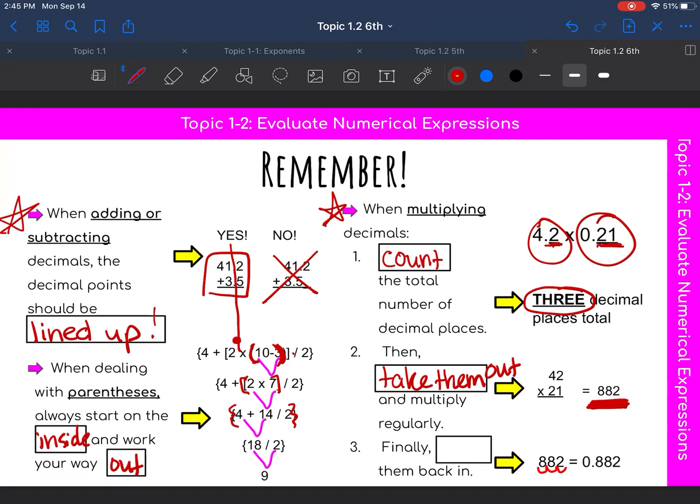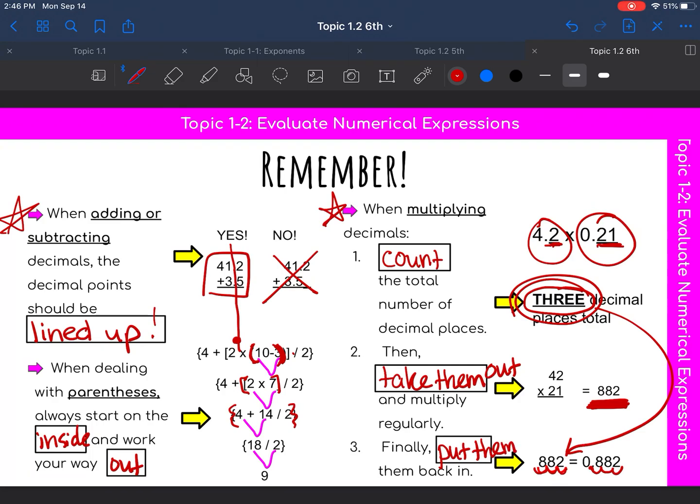Finally, there were 3 decimal places total, so you're going to move it in once, twice, 3 times.